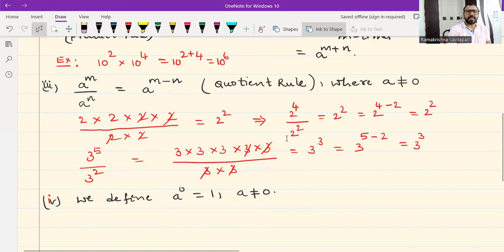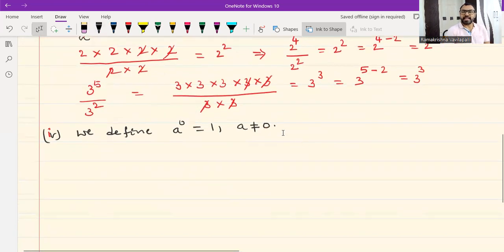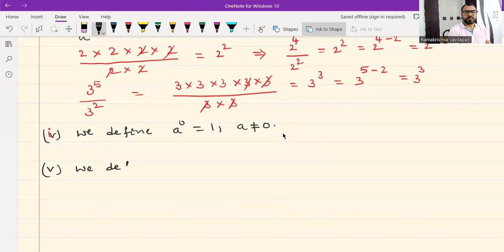So now what happens if we have a negative power or negative exponent? We define that 1 by a, we write this as a to the power of minus 1.